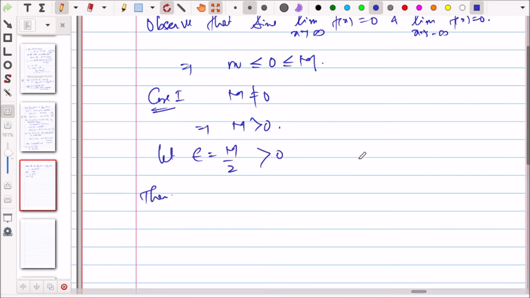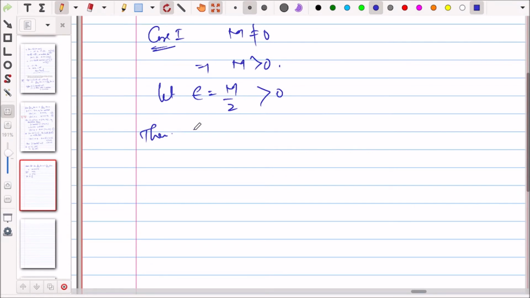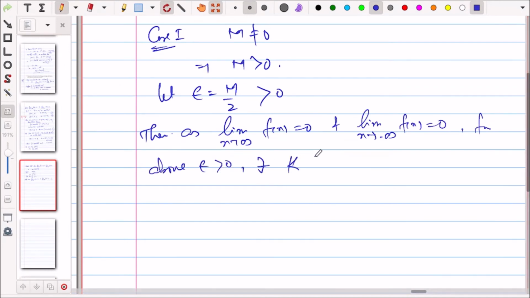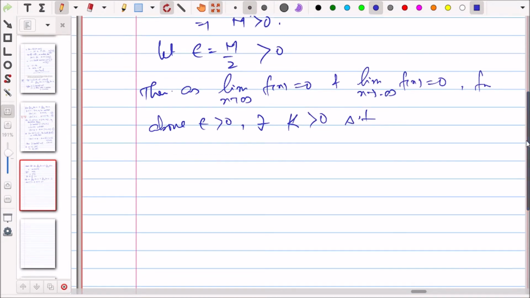Then as limit x tends to infinity f(x) equals 0 and limit x tends to minus infinity f(x) equals 0, for the above epsilon greater than 0, there exists k greater than 0 such that, so we can take one k for both the limits, because if we have different ones, then we can take the maximum and the condition will be satisfied for both.